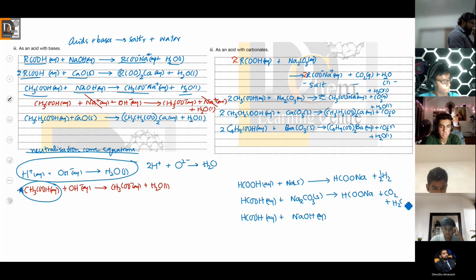Balancing: you need two, therefore two sodium methanoate and two methanoic acid. And methanoic acid and sodium hydroxide is again sodium methanoate plus water. So it's already balanced.